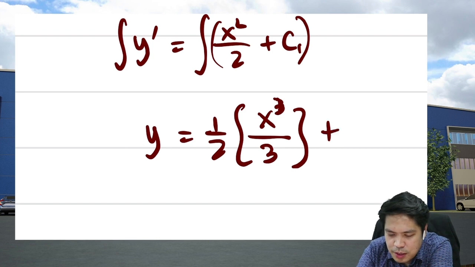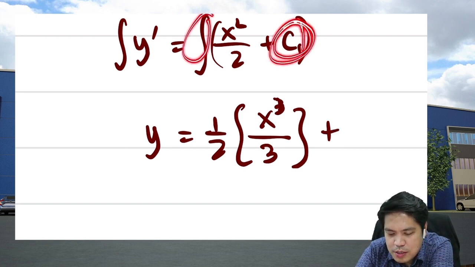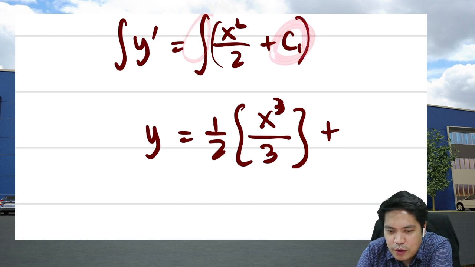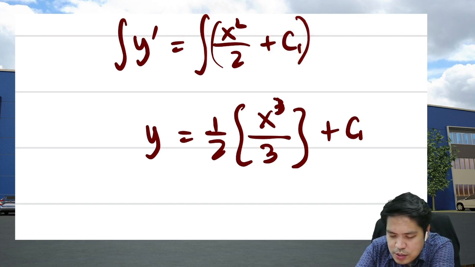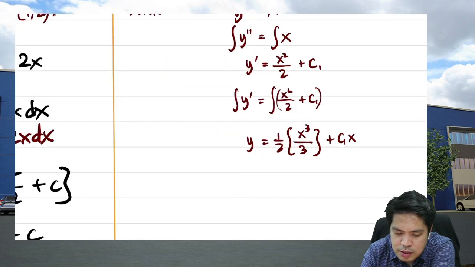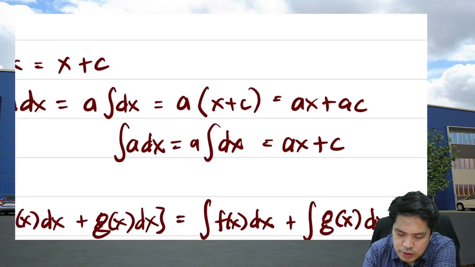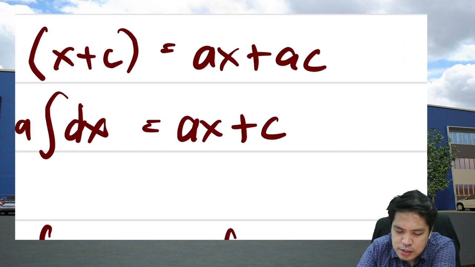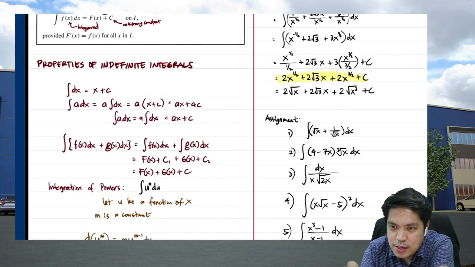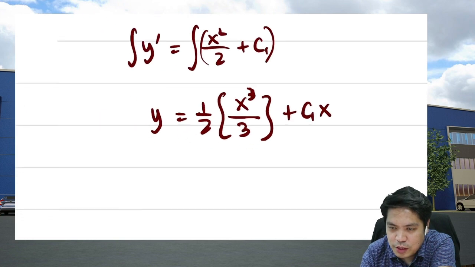Right? Then plus, what's the integral of c1? Remember that c1 is constant. So, the integral of constant is just constant x. I think we have that in our previous lesson. Ayan. The integral of constant is just constant x plus constant of integration again.